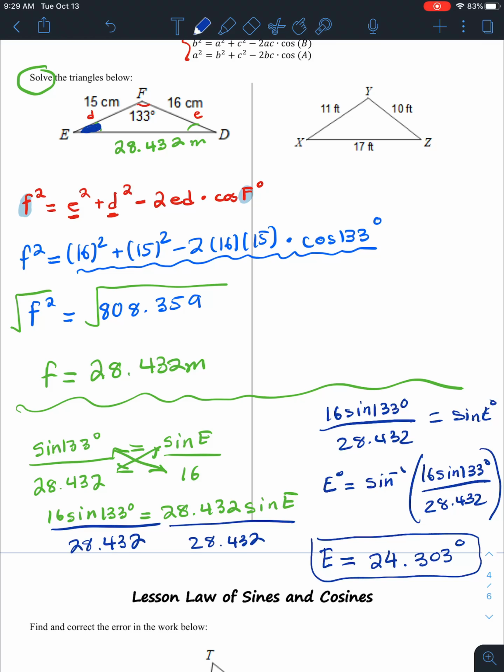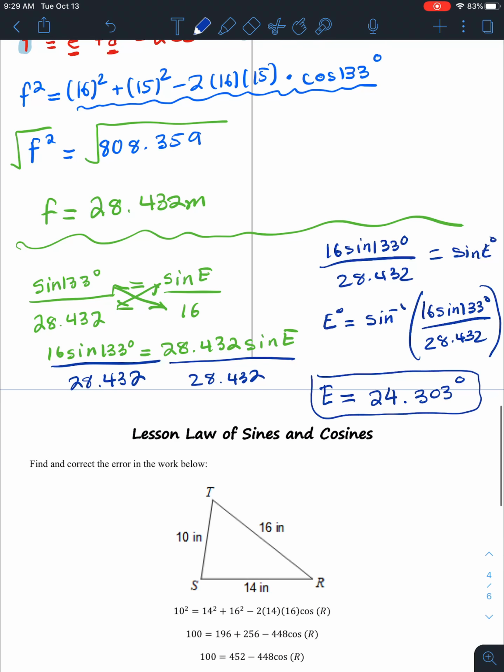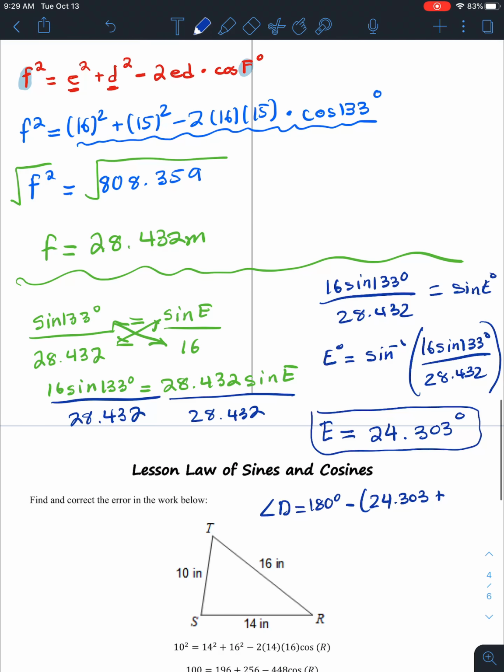Then to solve for angle D, we know that it's 180 degrees minus 24.303 plus, I believe it was, 133.